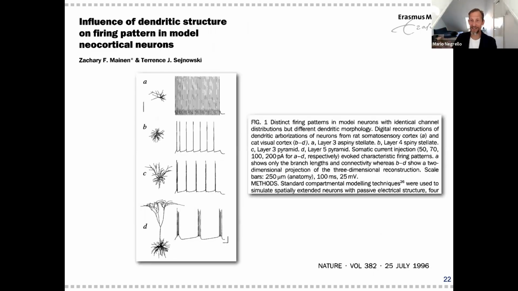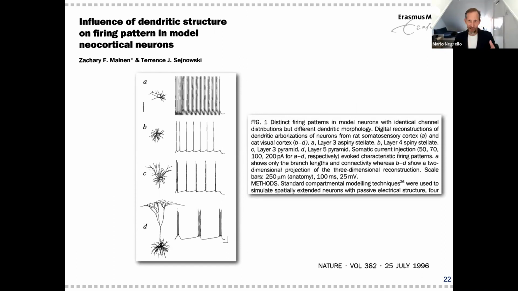Another interesting consequence by the same group, Mainen and Sejnowski, who had one Science and one Nature paper one year after the other. Simple modeling work. It's nice to be at the crest of the zeitgeist wave.